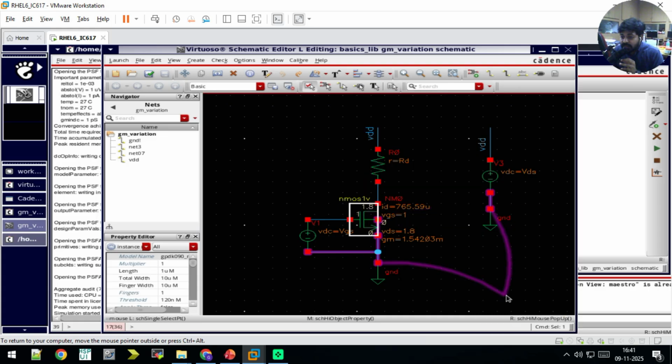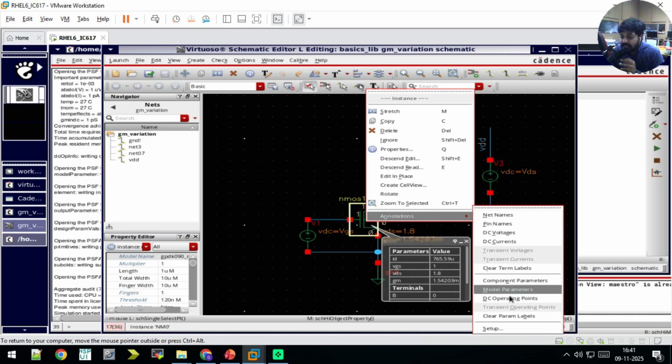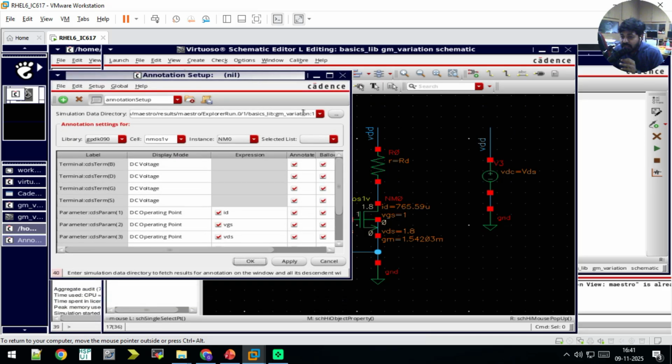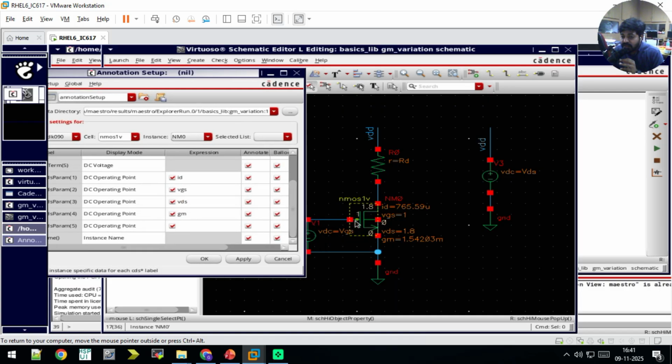Then again right-click, go to annotations and go with the setup. In the setup, you have to list out what kind of annotations you are expecting, and enable them. ID is required, because I want to check how much the current is, so I will enable ID. VGS is already known to be 1 volt and we are not changing it, so it is not required.